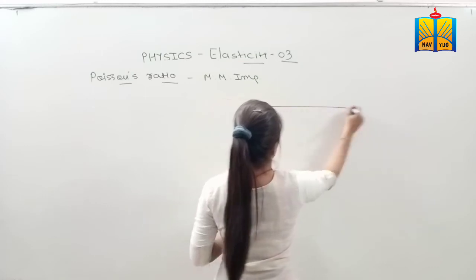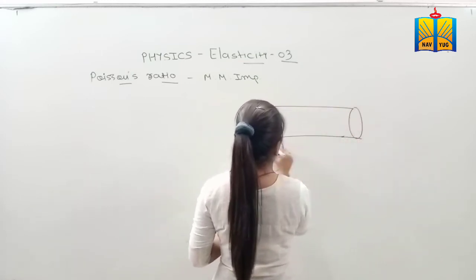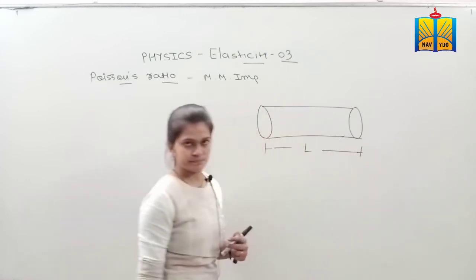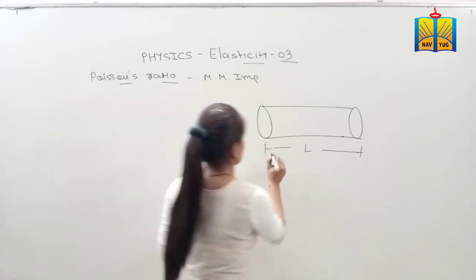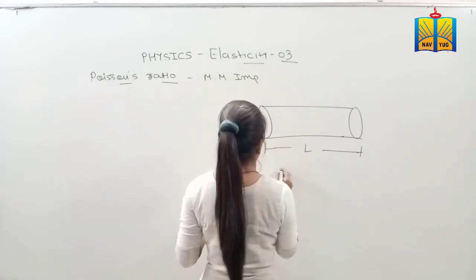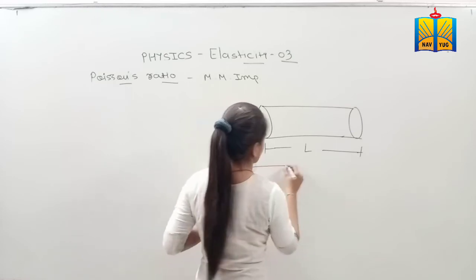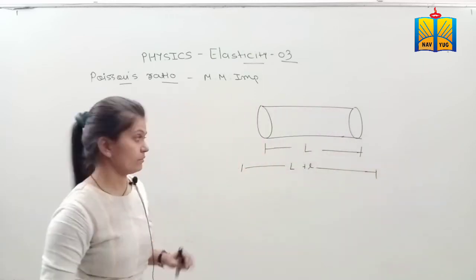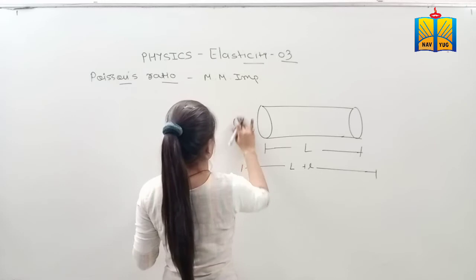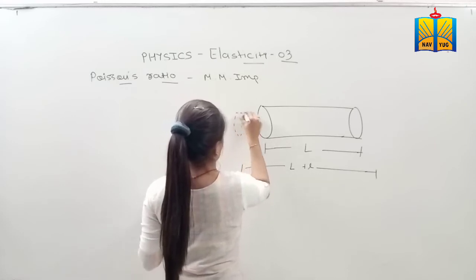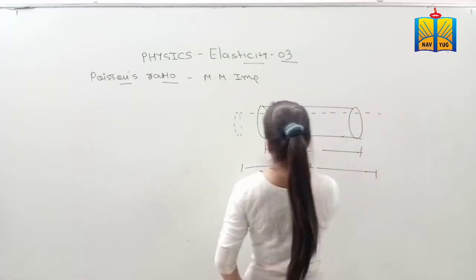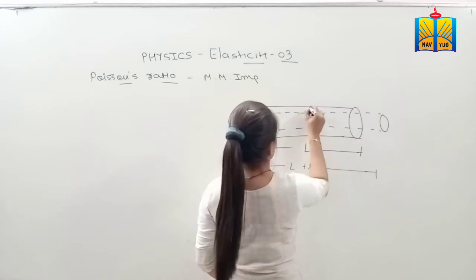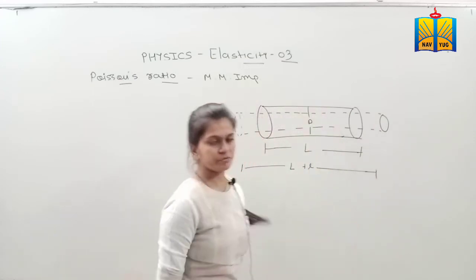Here we have one wire that having a length capital L. Now in this wire, suppose if we stretch this wire, the length becomes increases from L to capital L plus small l.